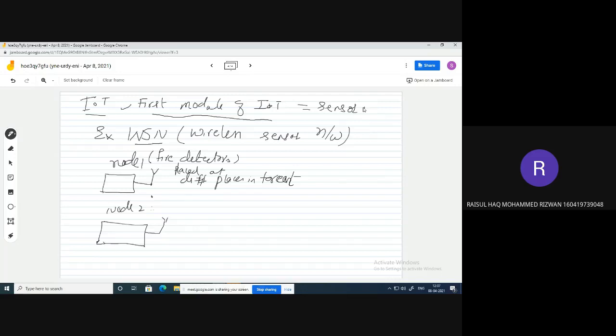Good. You can consider an enormous number of applications of IoT in which there is a presence of a sensor. Everybody can guarantee that there is a sensor in every IoT device.